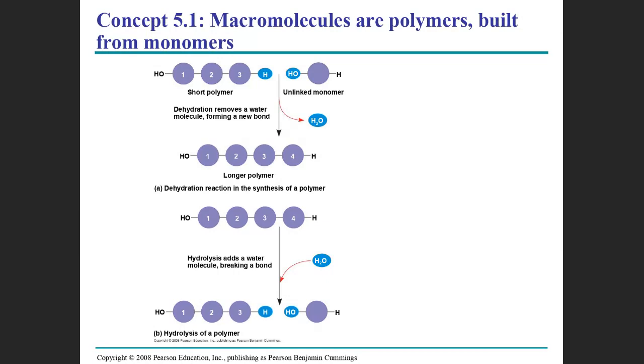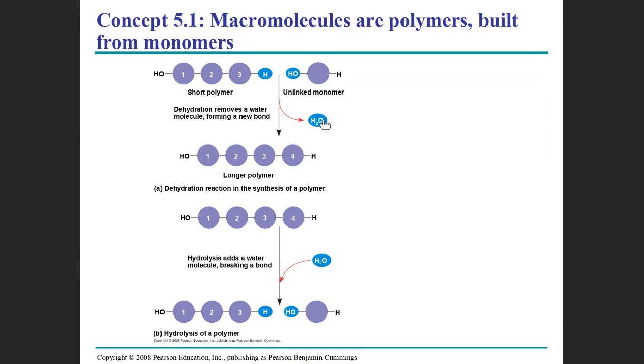So when we join smaller subunits together, we call those smaller subunits monomers, and we join them together to make a polymer. So the typical reaction where we combine a monomer with a short polymer, also called an oligomer, which just means a short polymer, is a dehydration reaction.